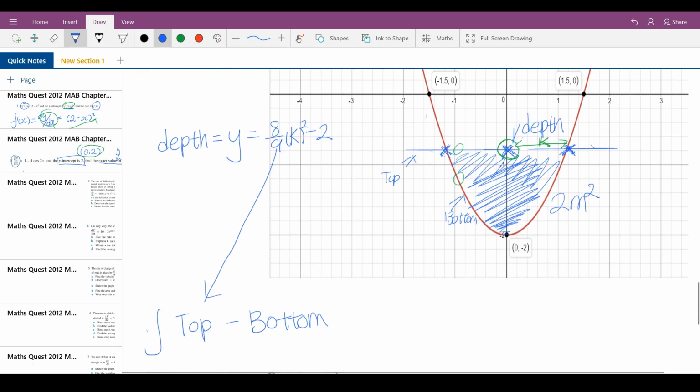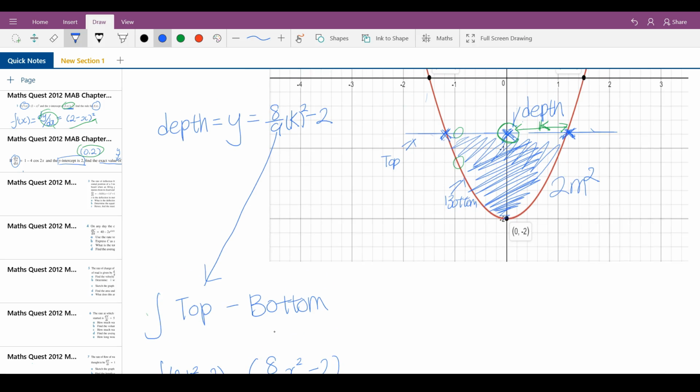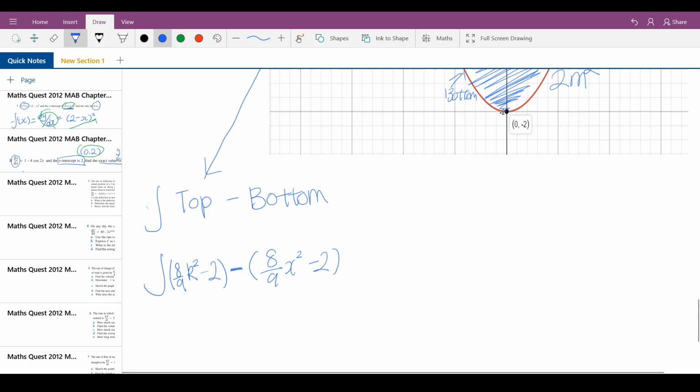And where do we integrate to? The distance we are trying to integrate is from 0 to k. That's how far we're integrating.